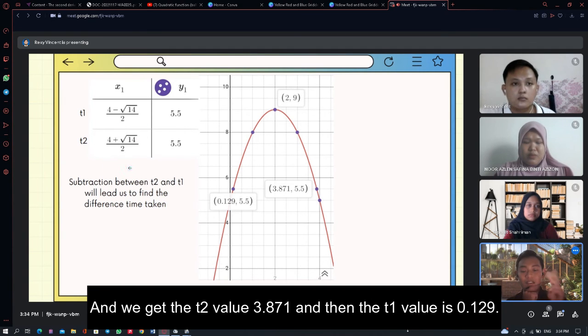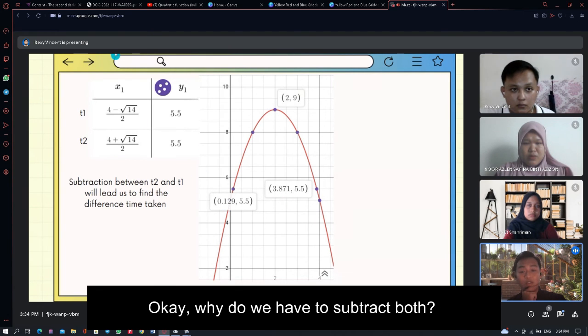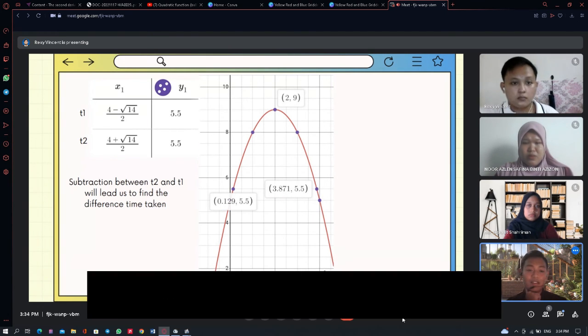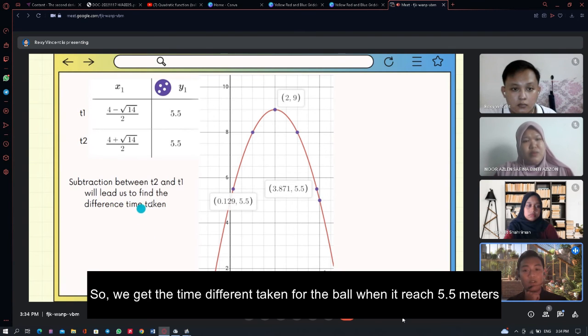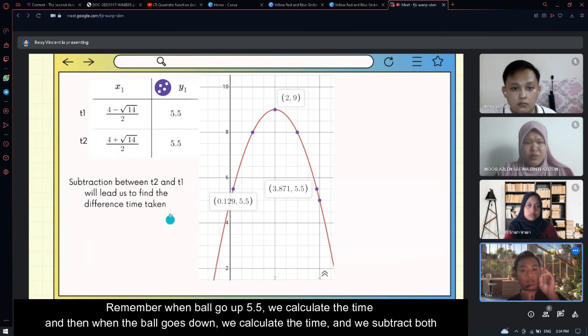Then we get the t2 value 3.871, and then the t1 value is 0.129. Okay, why do we have to subtract both? Okay, so that we get the time difference taken for the ball when it reached 5.5 meters. Remember, when the ball goes up to 5.5, we calculate the time, and then when the ball goes down, we calculate the time, and then we subtract both.